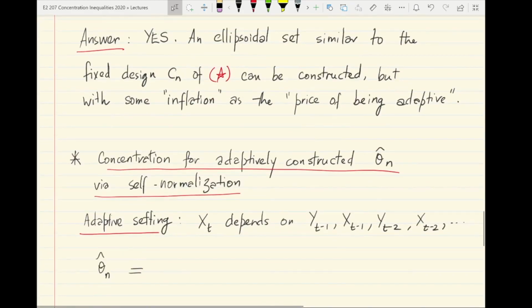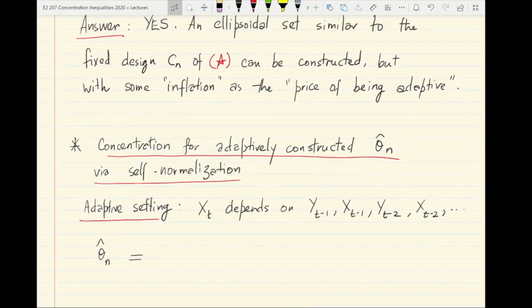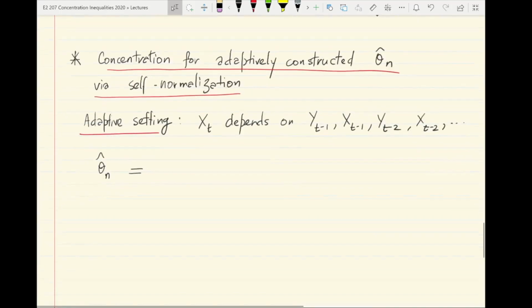So just to set the stage, recall that in the adaptive linear regression setting, the next measurement xt is some function of the past measurements and sensing actions, that is the y's and the x's in the past.